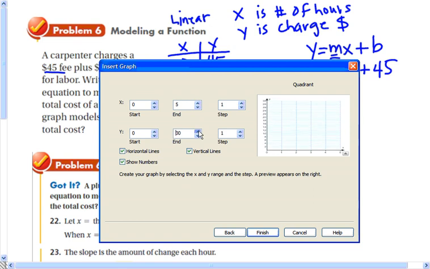So our y should end at maybe, we go up by 10. We'll go up by 15 here. And we'll go a little over 200.